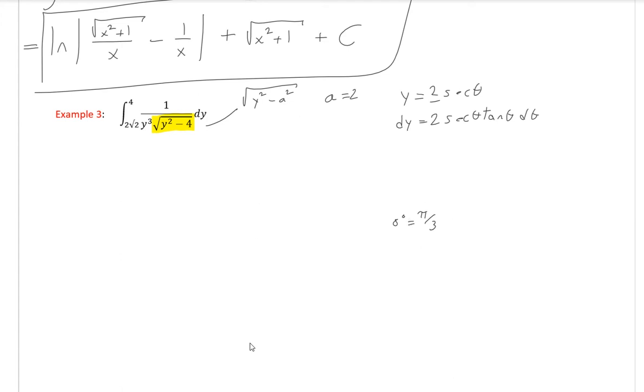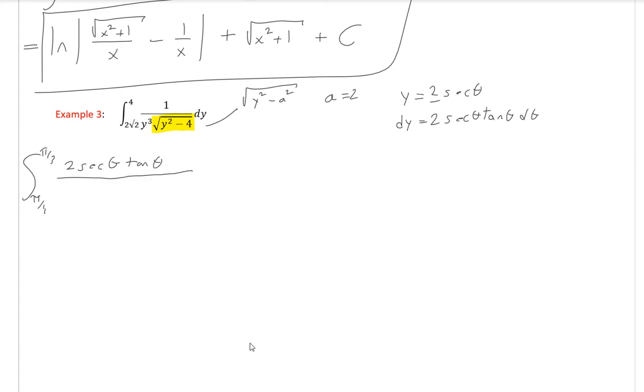I'm going to erase that so I have room. So I'll say integral from pi fourths to pi thirds, and now when I'm done, I shouldn't need to plug the values back in. All right, dy is going to be my 2 secant tangent, so that's going to go on top: 2 secant theta tangent theta.